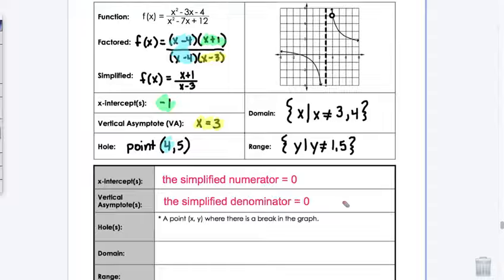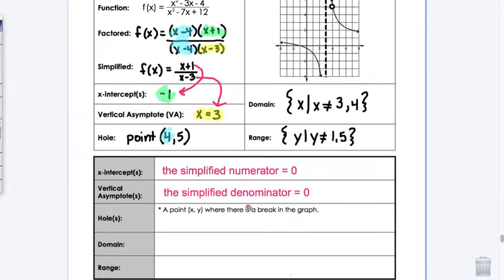So it is the simplified denominator equal to 0. Maybe if I put this like that, it might help you as well. So we determined that the simplified numerator equal to 0 is my x-intercept, and my vertical asymptote is going to be the simplified denominator equal to 0.